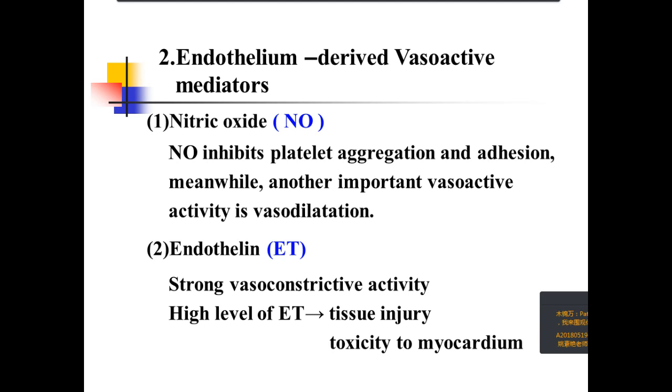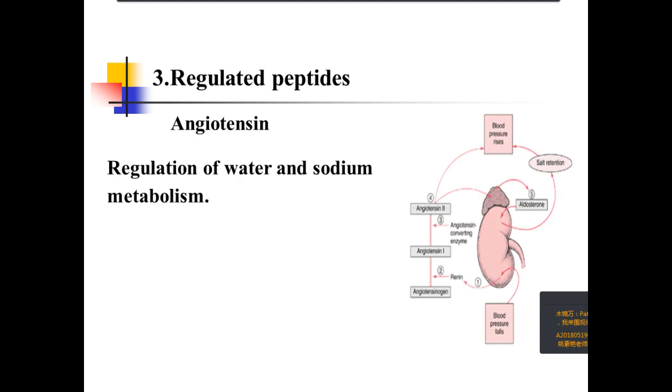During the ischemic hypoxia stage, it increases and leads to vasoconstriction, so hyperischemia. Now regulated peptide, atrial natriuretic peptide. It can regulate water and sodium metabolism.